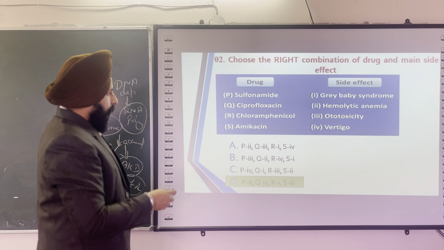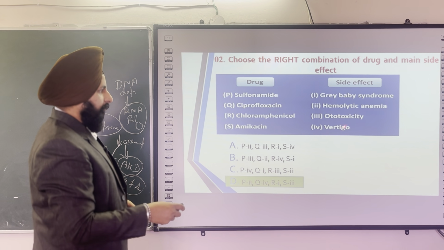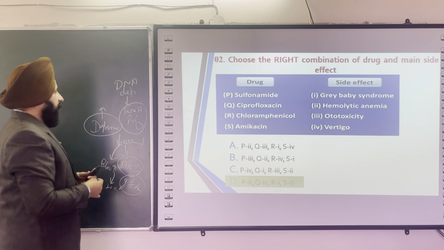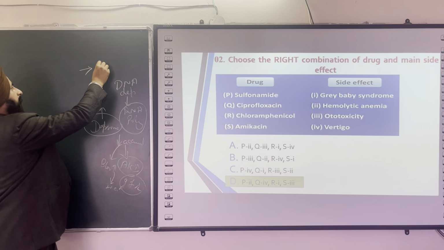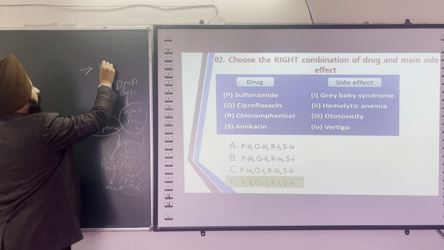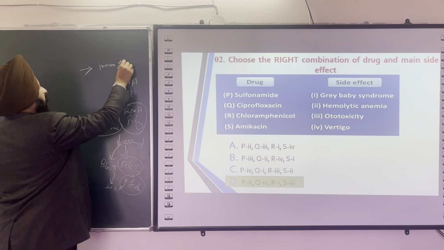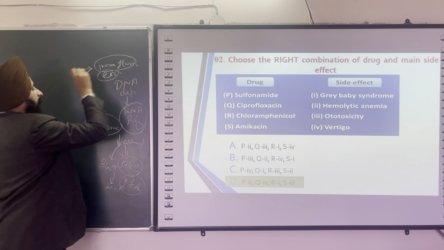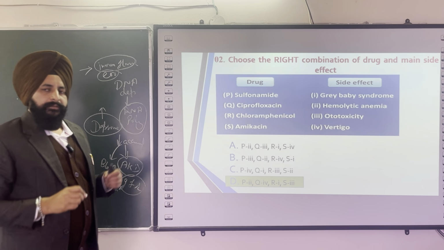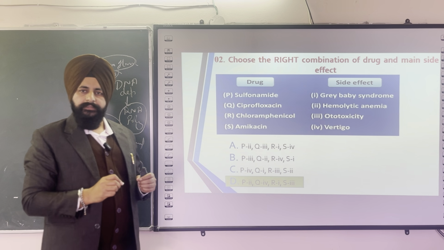The second, Q: ciprofloxacin causes vertigo, because long-term ciprofloxacin intake interferes with the inner fluid movement in the ear. In the ear, the inner fluids, perilymph and endolymph, are there.